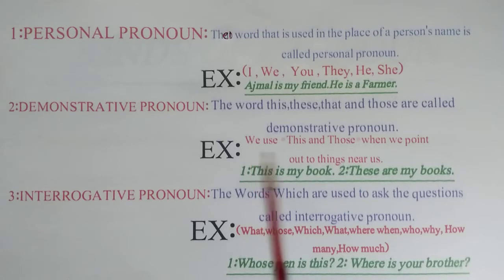For example, we use this and these when we point out to things near us. This is my book when a single thing is near us, this is my pen. When plural things are more in number, then we will use these are my books.